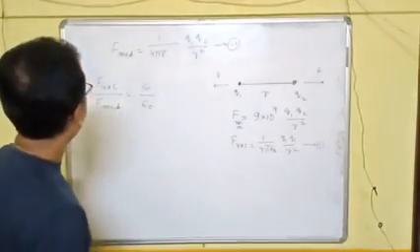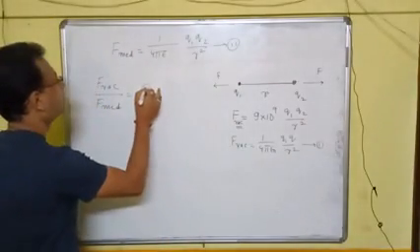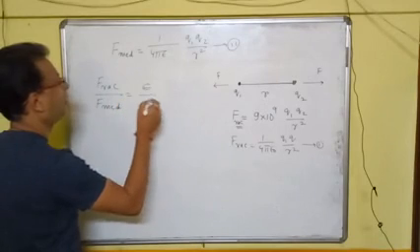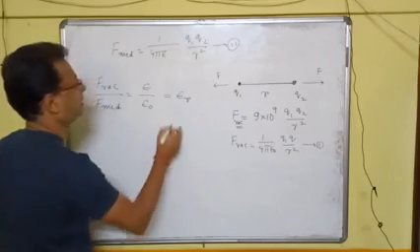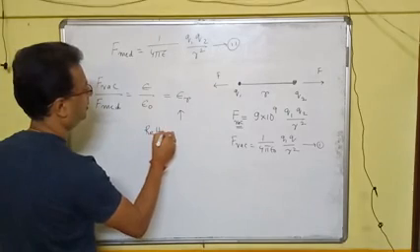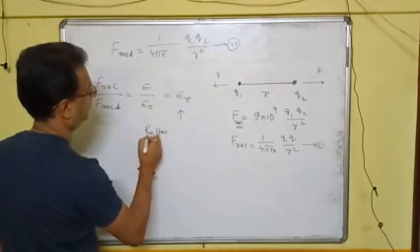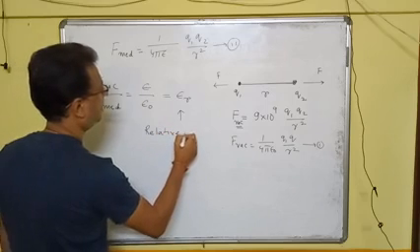This epsilon by epsilon naught is also known as the relative permittivity.